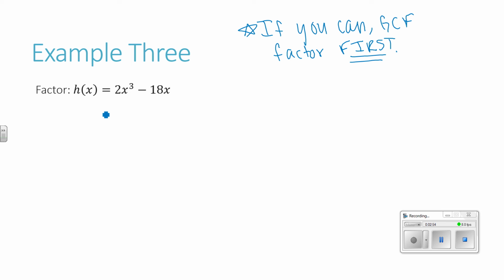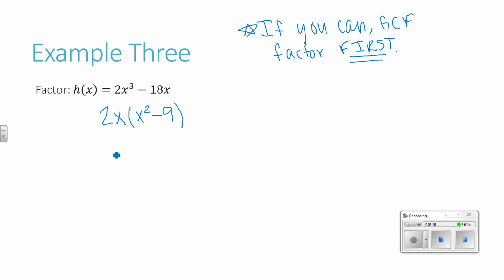So I can take that 2x out first. 2x, and I get, so 2 divided by 2 is 1, so I'm not going to write it. X cubed divided by x is x squared. 18 divided by 2 is 9, so minus 9. X divided by x is 1, so I'm not going to write it.